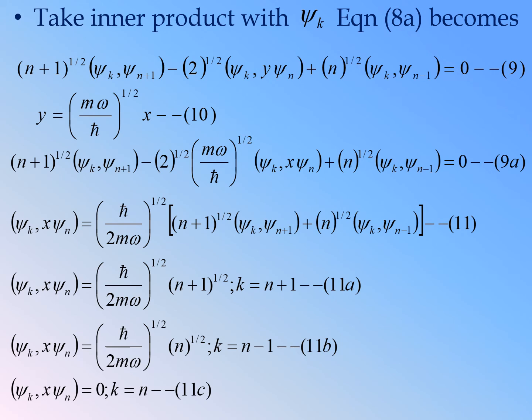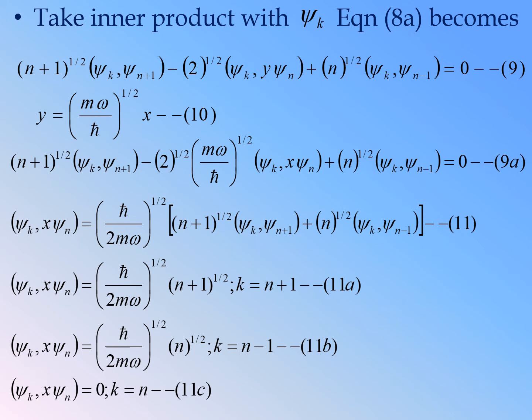Now you substitute y equal to (m omega by h cross) whole power half into x, and then you get square root of n plus 1 inner product of psi k comma psi n plus 1, minus square root of 2 (m omega by h cross) whole power half inner product of psi k comma x psi n, plus square root of n inner product of psi k comma psi n minus 1, equal to 0.